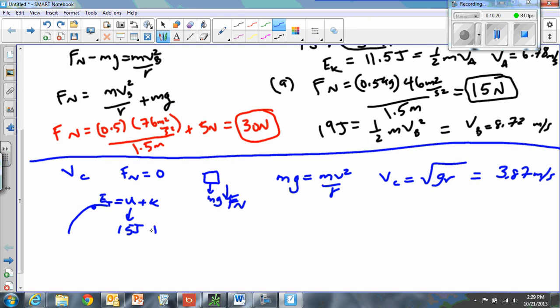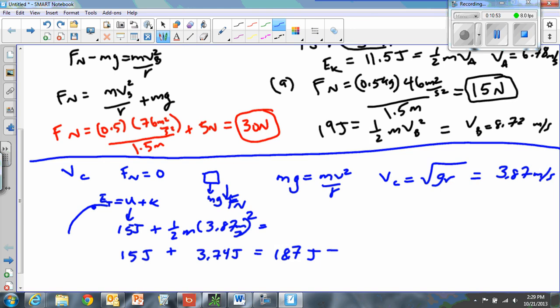But now I'm not going to have 19, I'm going to have 1/2 m times 3.87 meters per second squared. When I do that, I'm going to have 15 joules plus, I think this comes out to 3.74 joules, and that's going to give me a total of 18.7 joules.